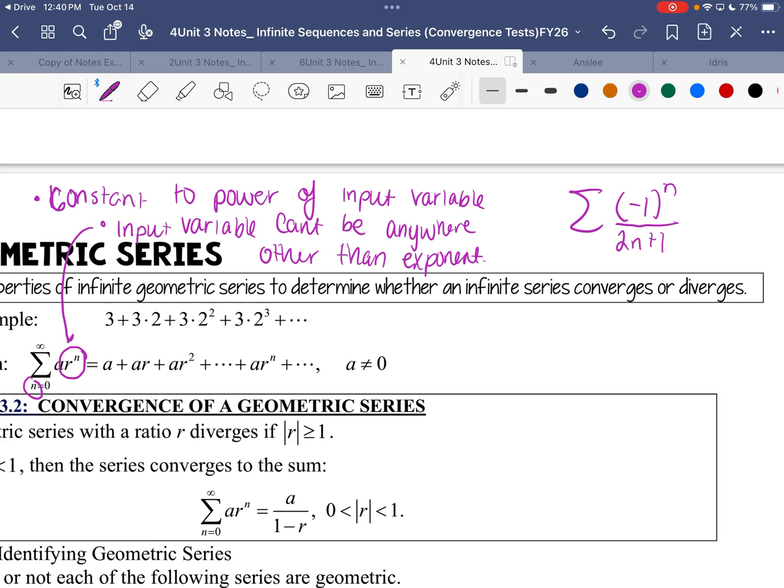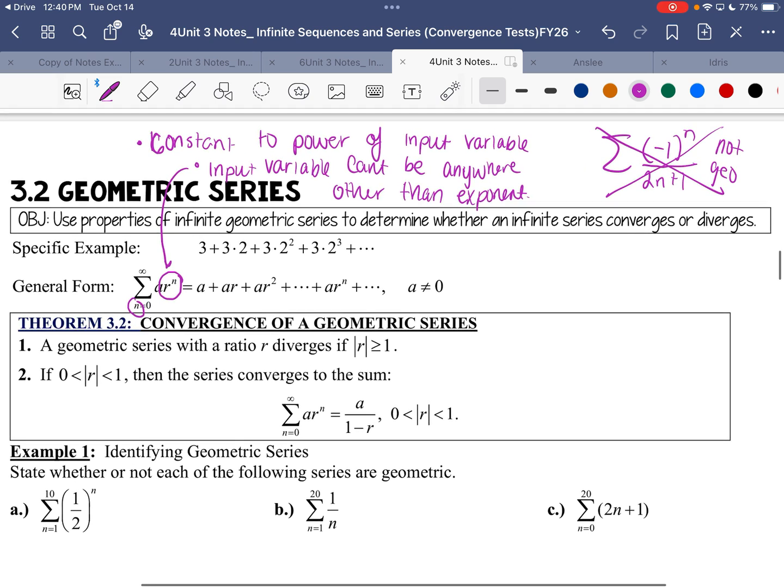So this is not geometric. Yeah, n was in the exponent, but it can't be any other thing other than the exponent. The second it's appearing and it's not the exponent, it's not geometric. So it's not a special case, it's a specific case: specifically when n is only in the exponent.